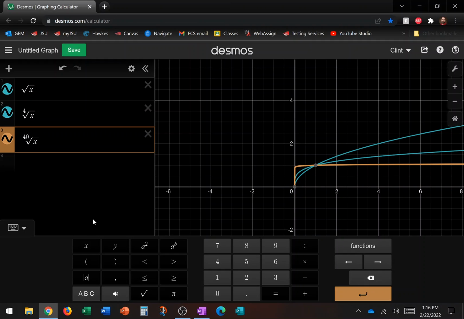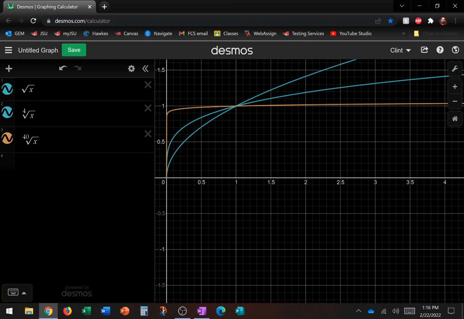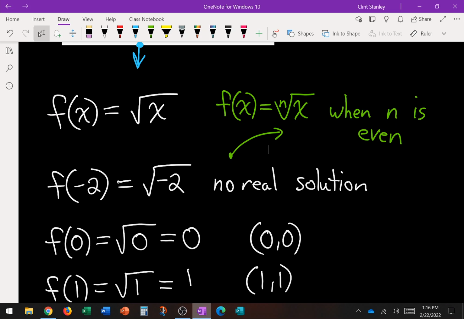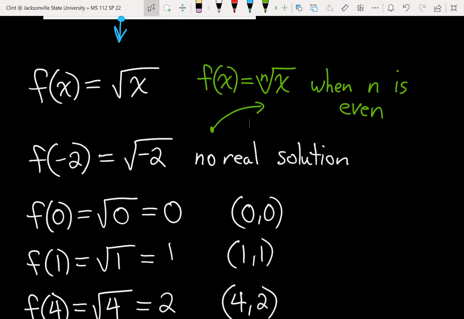Same kind of shape. It goes up and to the right, but it just gets really flat. It's not completely horizontal. It just looks like it because it's really close. You can tell it's not exactly horizontal, right? It goes up a little bit. It just goes up really slowly. And so that's if our index is even.